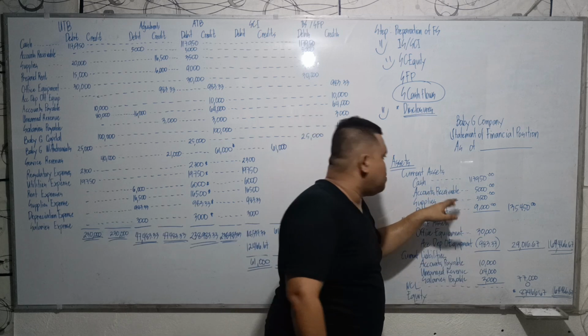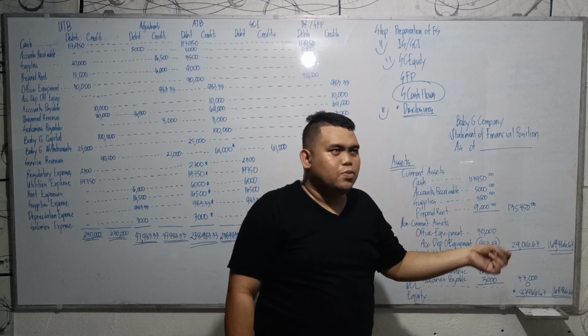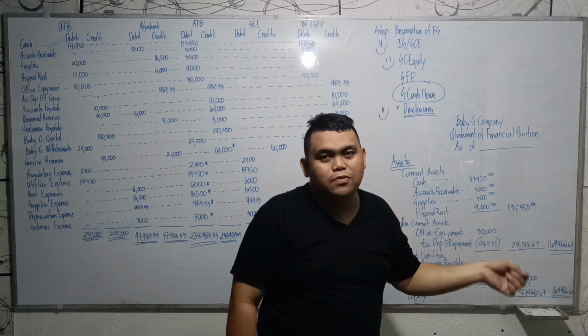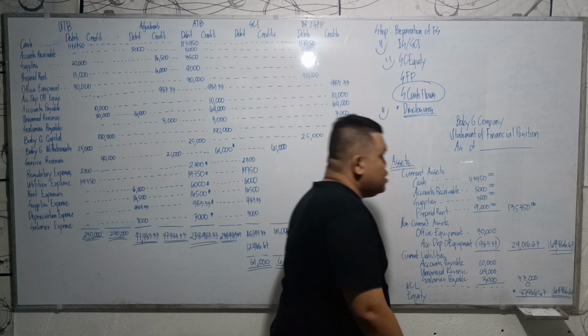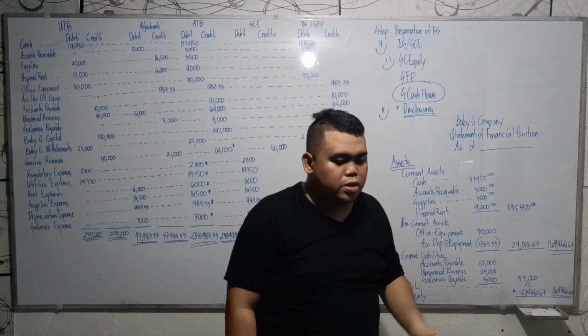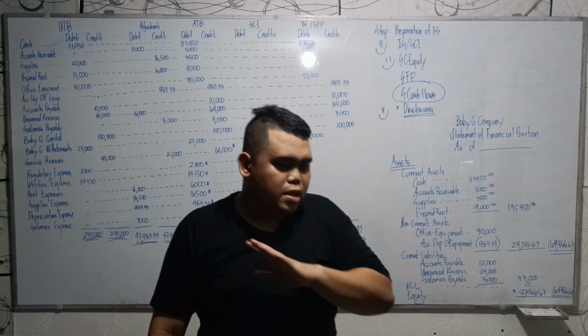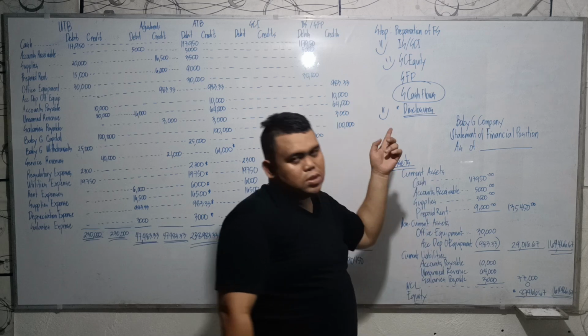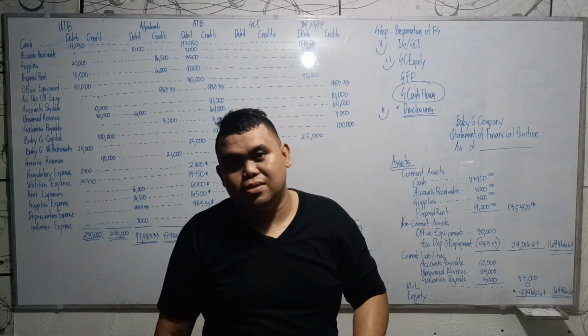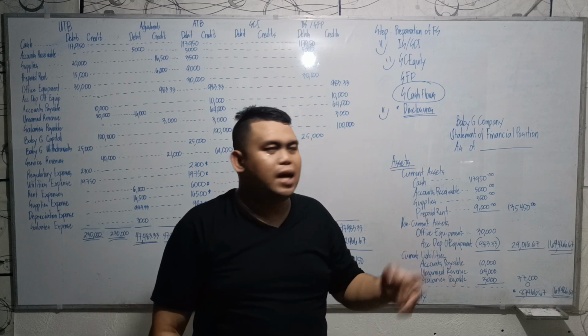Like on the accounts receivable, how much are we going to collect or are collectible from customer A, B, and C? Something like that. And lastly, the other disclosures that are so important that even if it is not yet recognized in the financial statement amounts, it should be disclosed. Okay? So let's call that others.